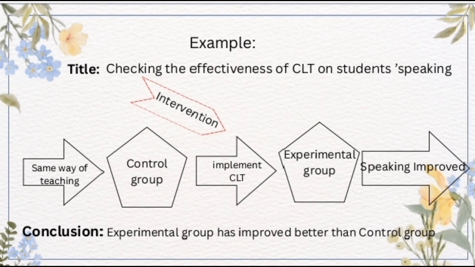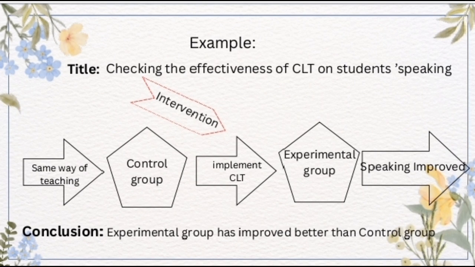Then we will conduct a post-test of both groups, the control group as well as the experimental group, to check the results of both, and then compare both results to check which students got high performance in speaking and which students improved in their English language or speaking proficiency.